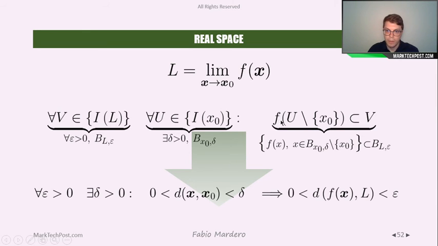This concept can be rewritten as what? f of every element in this ball. So f of x for each of the elements inside the open ball centered in x0 with radius delta, of course, not considering x0 itself, will lie inside the open ball centered in L with radius epsilon.